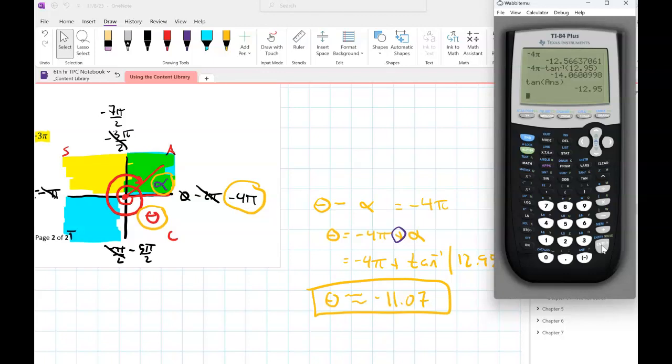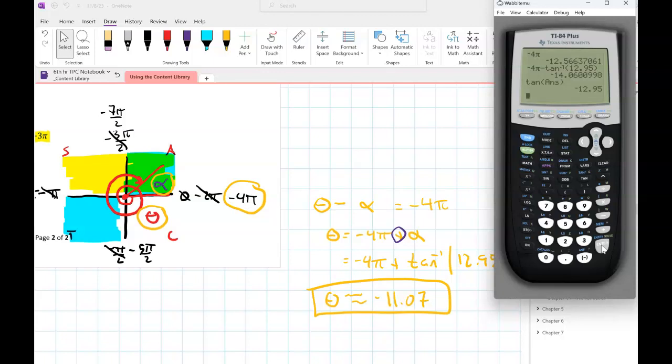Either you added alpha when you should have been subtracting, or you forgot to type the absolute value when you found your alpha. Right? So if it was supposed to be the absolute value of negative 0.86, and you forgot the absolute value and just did sine inverse of negative 0.86, the same kind of thing would have happened.